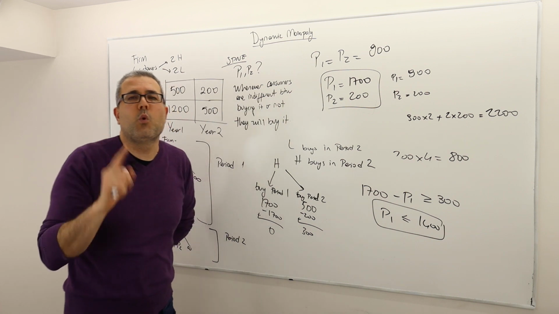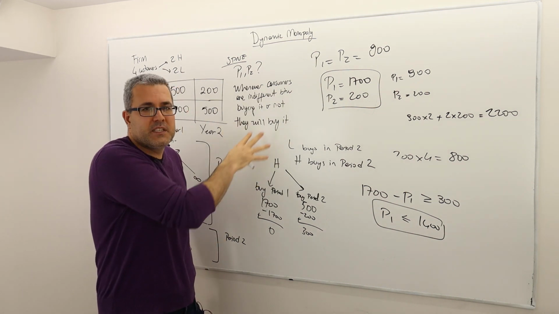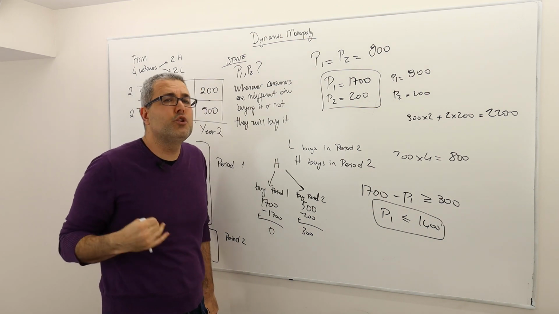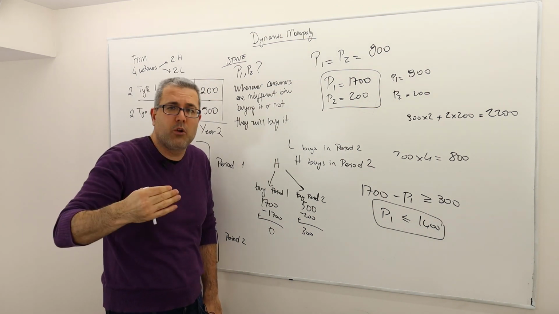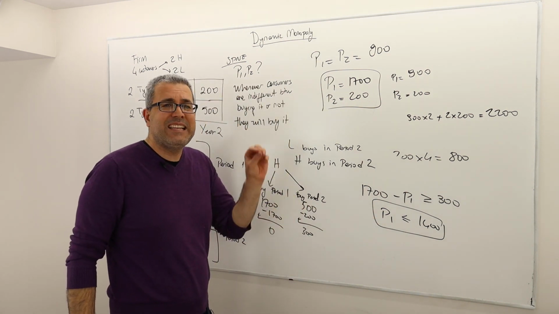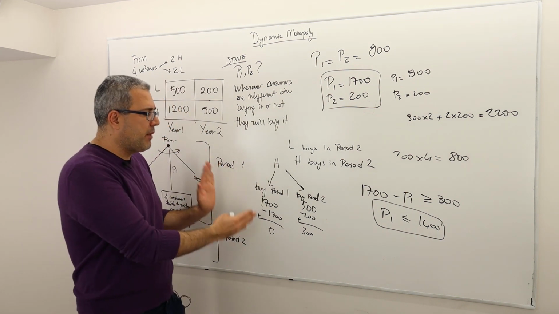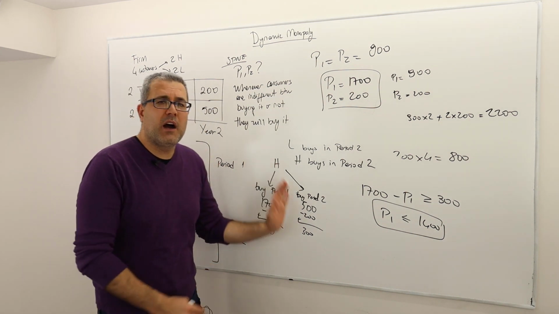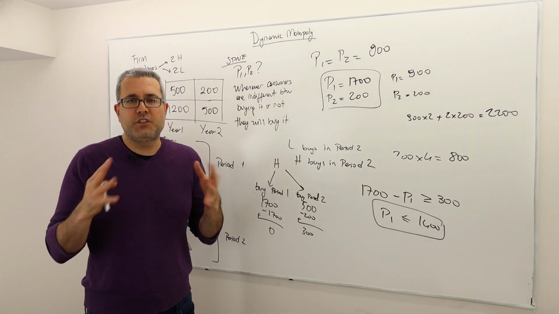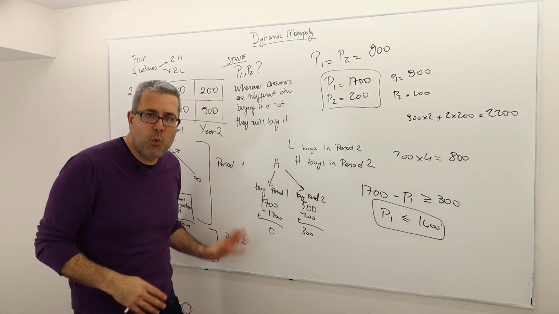So here there's one more assumption. I did not specify it, but again, these are all safe assumptions you should always make in this course. When P1 is exactly equal to 1400, this guy is going to be indifferent between buying in period 1 and buying in period 2. So what is he going to do? Without loss of generality, you can assume that he's going to buy in period 1.